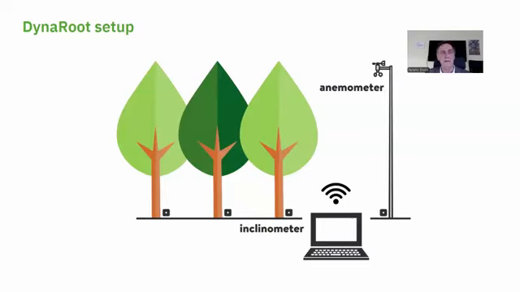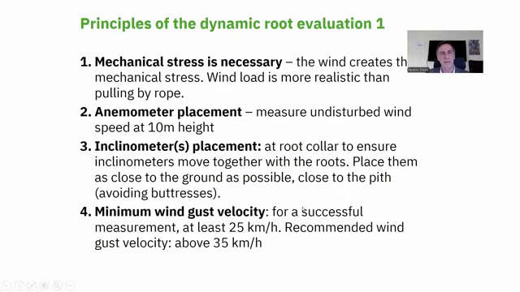In the DynaTree setup, with one anemometer, within a 1 or 2 kilometer radius, we can test as many trees as we have inclinometers. The principle of the dynamic root evaluation is that mechanical stress is necessary, the same as in the pulling test. In this case, wind creates the mechanical stress.